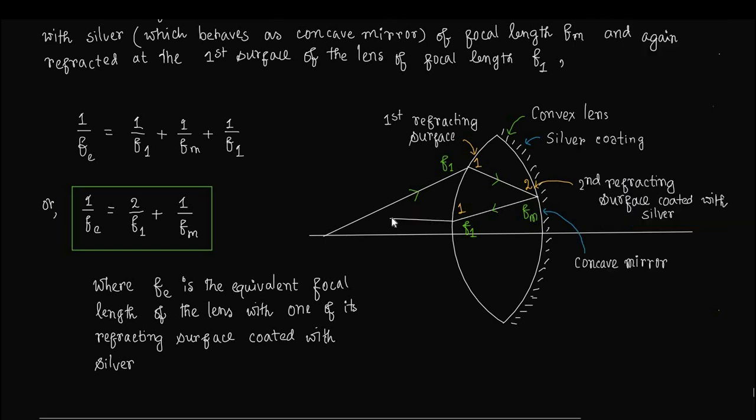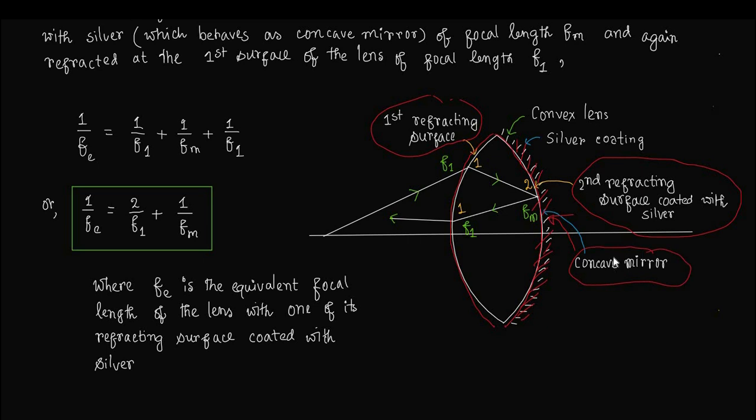Now after refraction through the first refracting surface, the ray will come out in the air along this direction. This is the first refracting surface of the biconvex lens, and the second refracting surface is coated with silver, so that convex refracting surface behaves as a concave mirror.